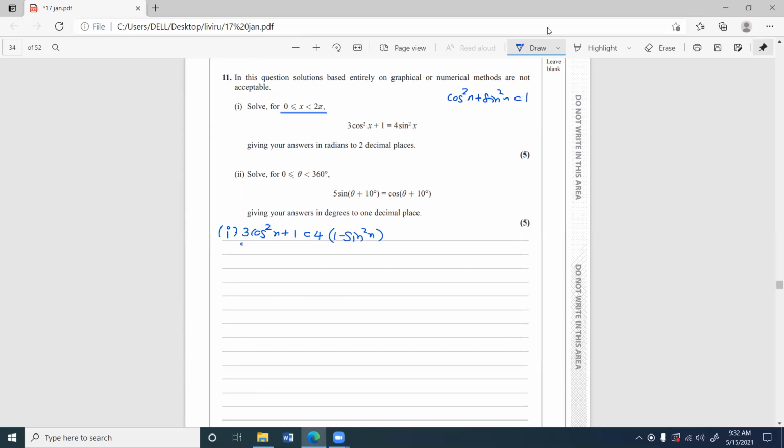So you can say this is 3 cos squared x plus 1 equals 4 minus 4 sine squared x.